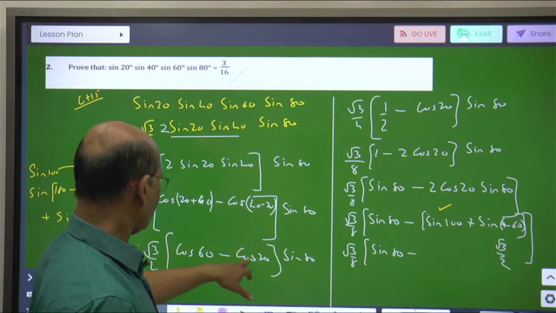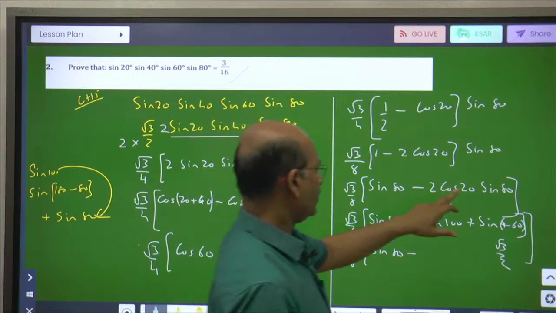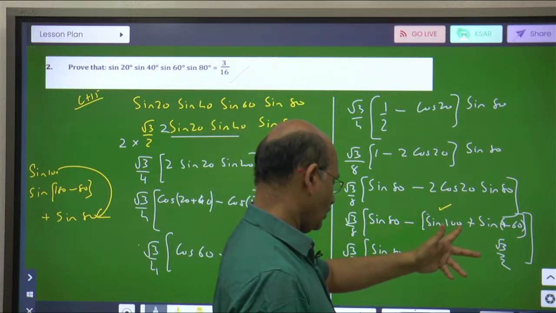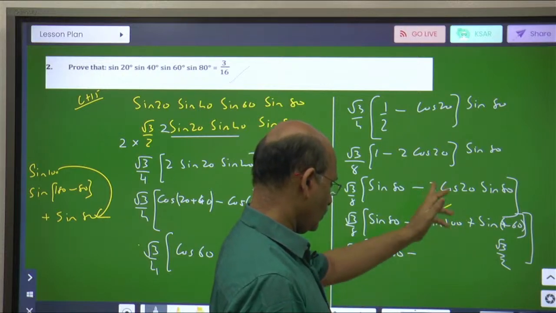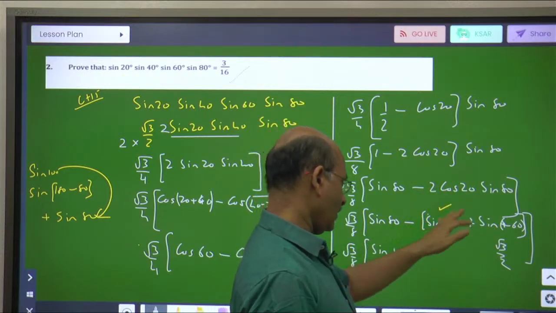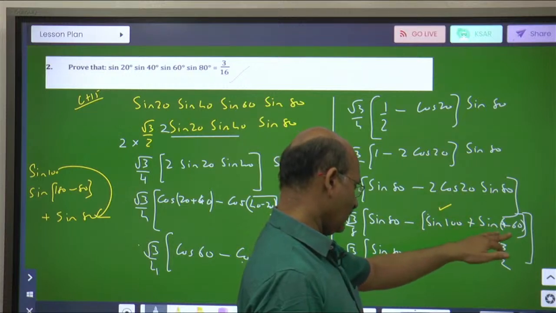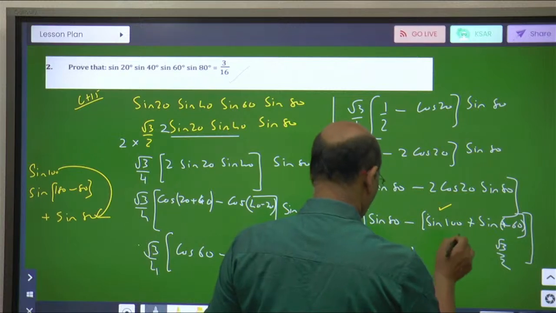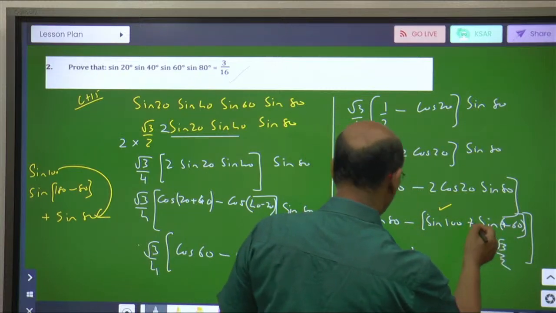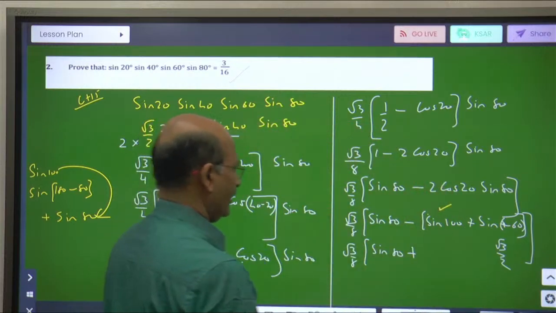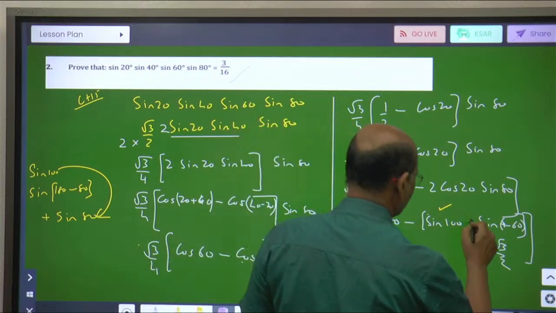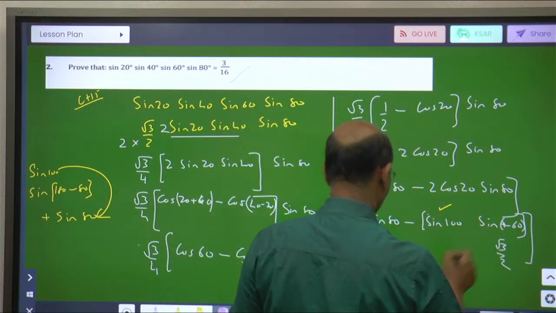So cos 40 minus 20, I got cos 20, 2 cos a sin b is subtraction of sin. So sin a plus b minus sin a minus b, so minus of minus become plus here, so this will become plus, sorry, this will become minus. That's the error which I did, 1 minute. Now here I just do not changing the signature here, this is plus actually.